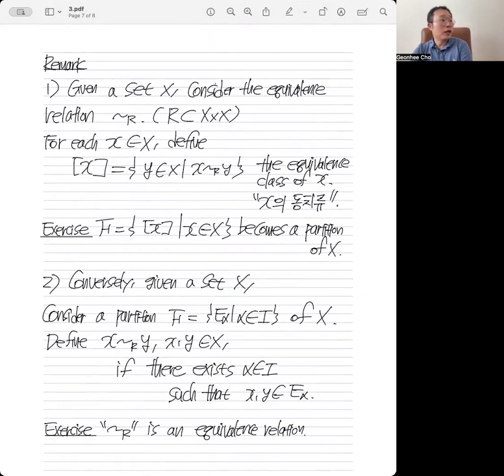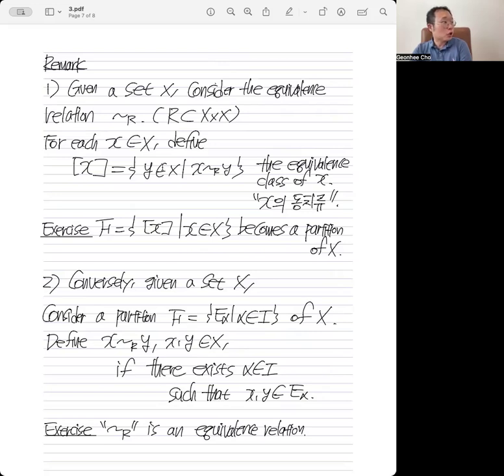Suppose we have an equivalence relation. Then we can choose one element, say x, and the equivalence class of that element is the collection of all elements equivalent to it. In other words, it is the collection of objects of the same kind as that element.